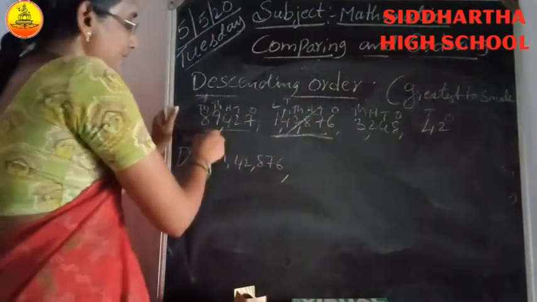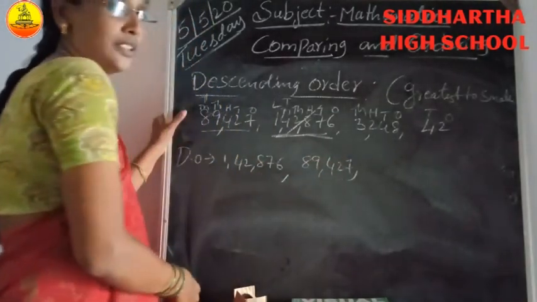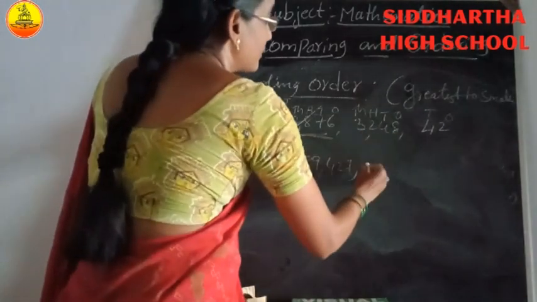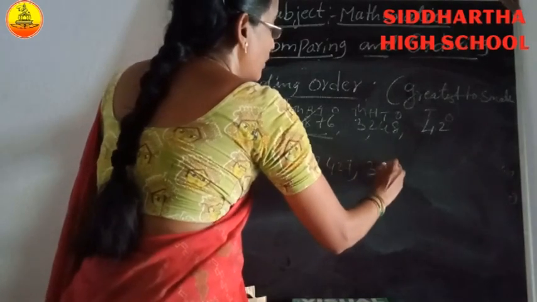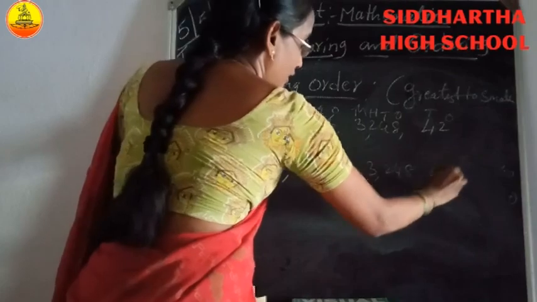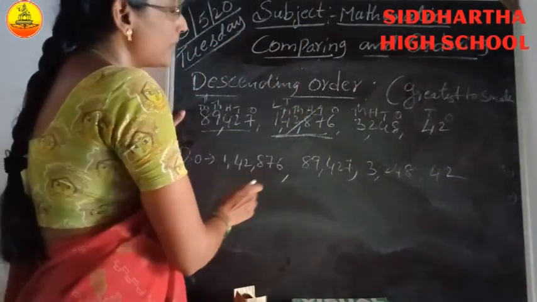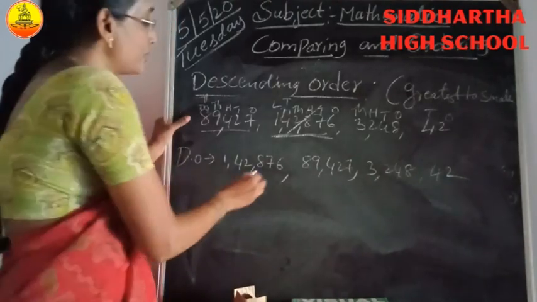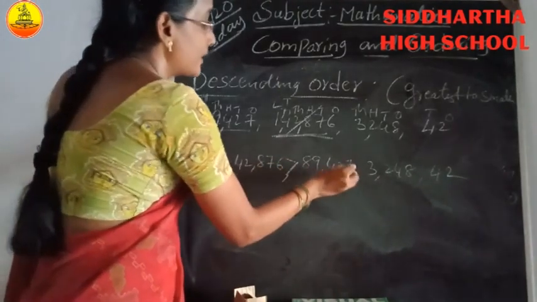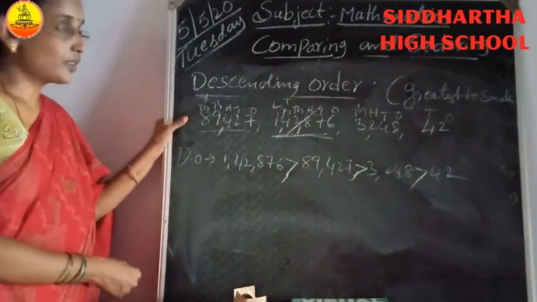Next, the 5 digit number, 89,427. Next, 4 digits, 3,248. Next is 42. Now, which symbol will be used here? The greater than symbol. Okay, children.